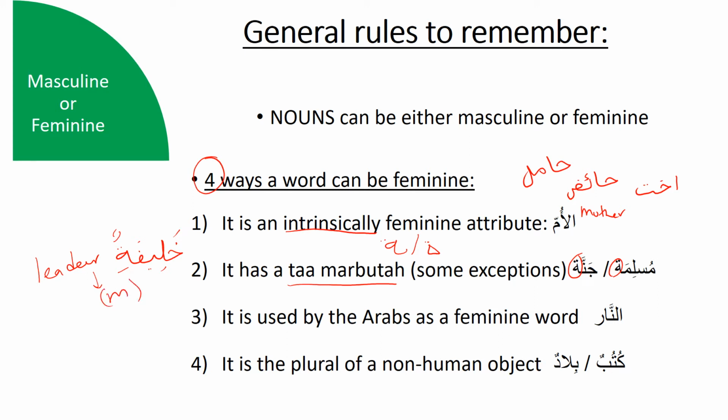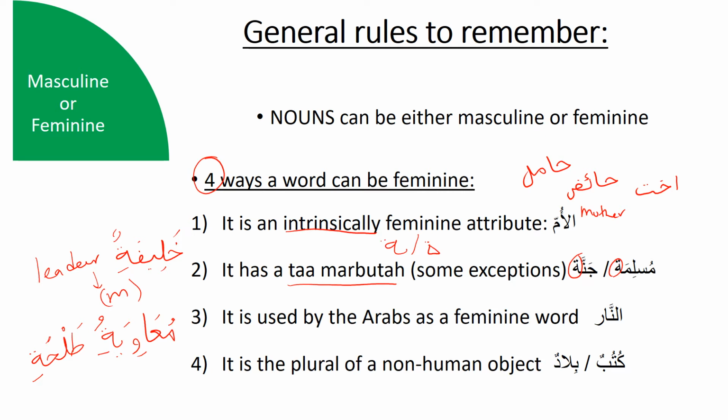Same thing with the name Muawiyah. His name is actually not Muawiyatun, Muawiyatu. So Muawiyah is the name of a man or a Sahabi. It's a male name, and even though it has a ta marbuta on it, we consider it as masculine. Same thing with the word Talha. Talha is the name of a man, generally speaking, even though it has a ta marbuta on the end.